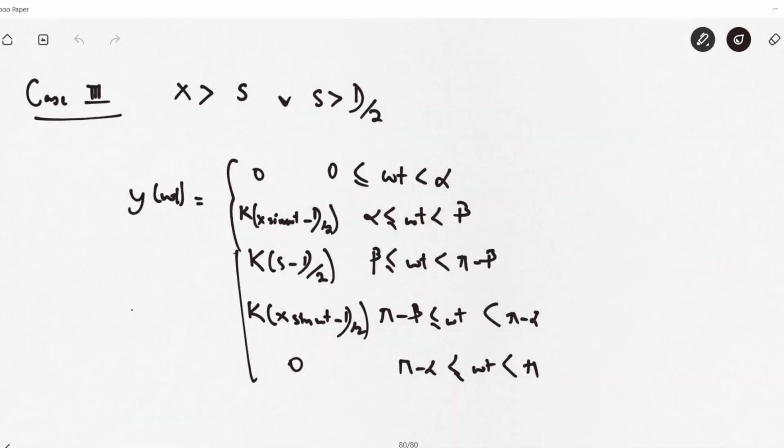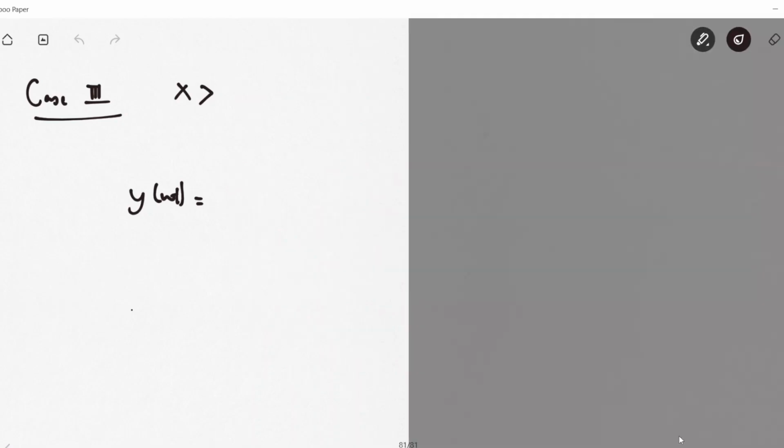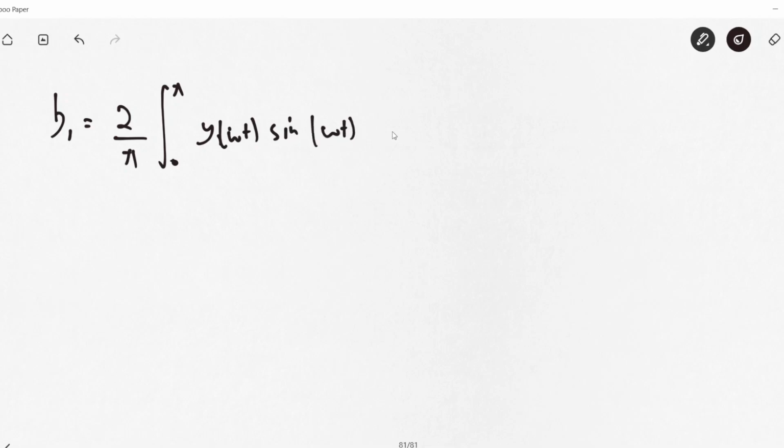So again, looking at this function, it is an odd function, and it has a half wave symmetry. So we can actually find b1 for this, equal to 2 by pi, 0 to pi, y of omega t sine omega t, using the Fourier transform. 2 by pi, 0 to pi.